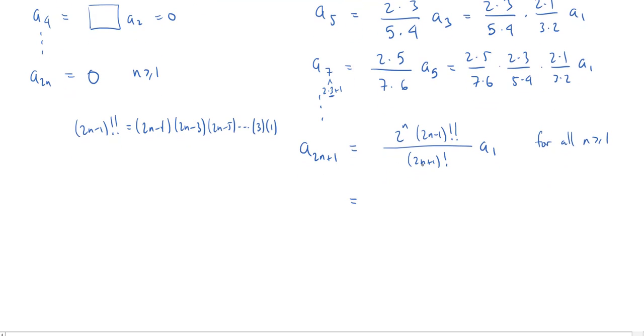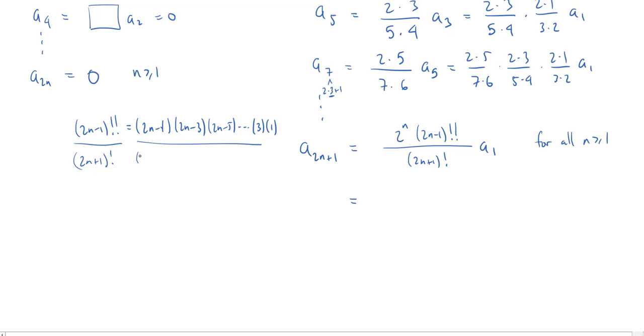I notice here I'm going to multiply all the numbers from 1 up to 2n plus 1. And here I'm multiplying just the odd numbers from 1 up to 2n minus 1. So there's going to be some cancellation. Let's write this to the side. There's my 2n minus 1 double factorial over 2n plus 1 factorial.